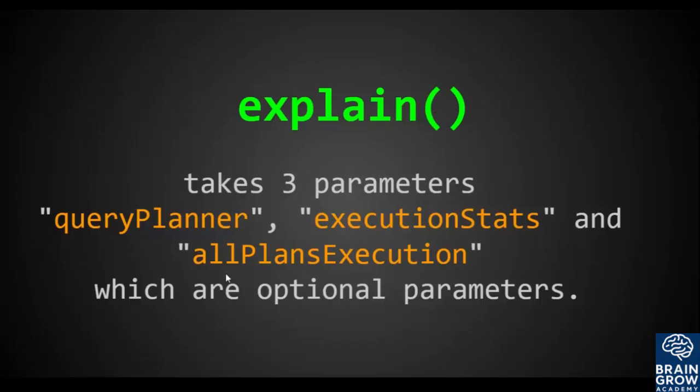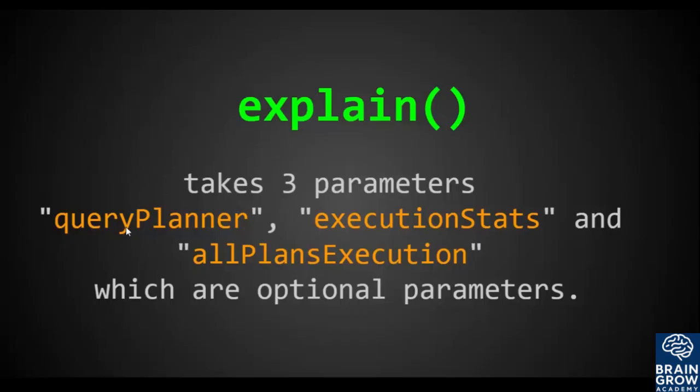Apart from these, we can also pass a boolean value, true or false. By default it is true, and if you use false, it will be plain, like without any parameter, and you will get the same result. When you use true, you get the result you would get with queryPlanner.